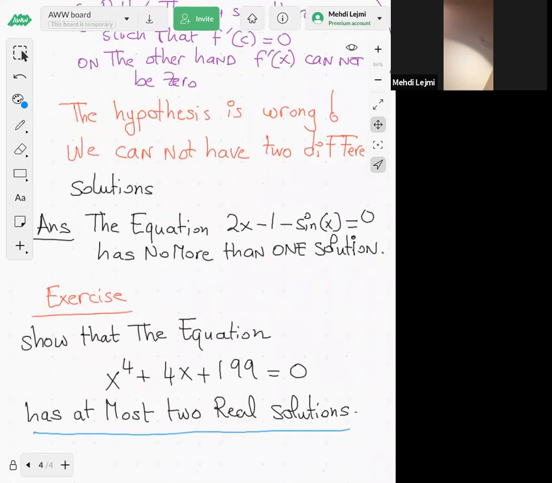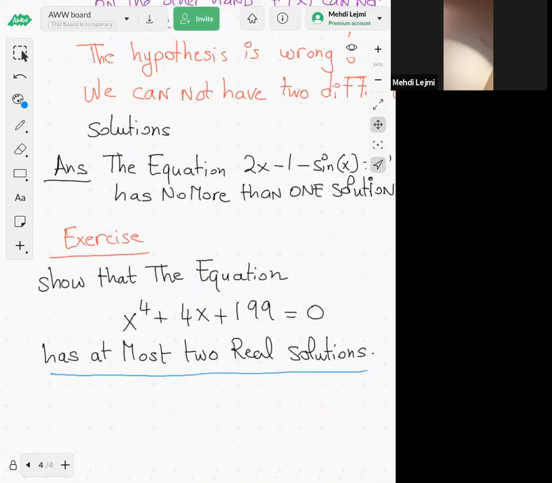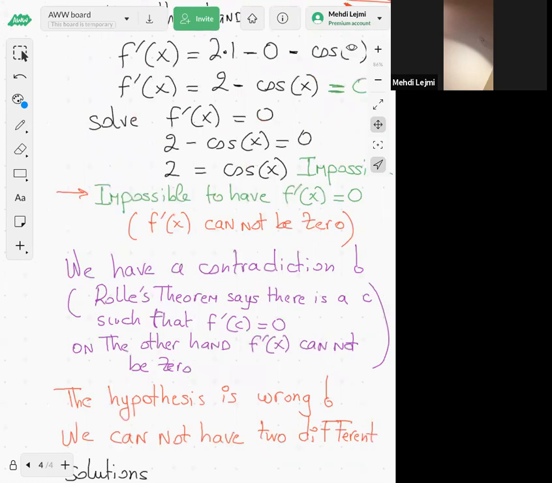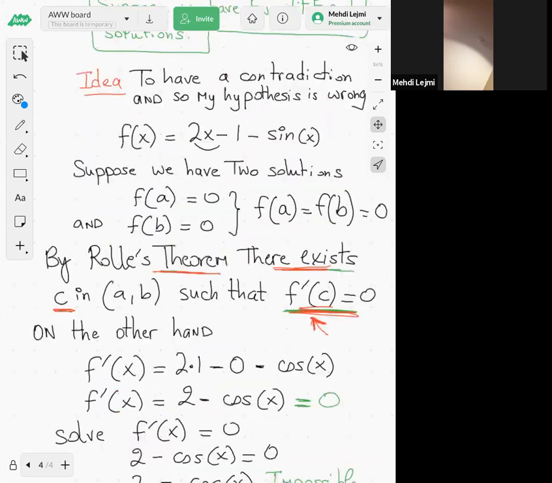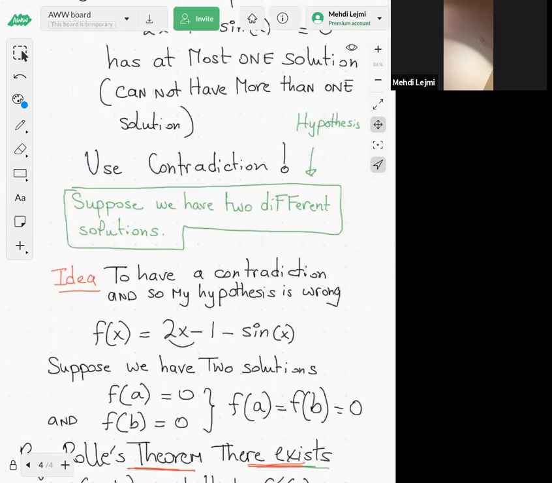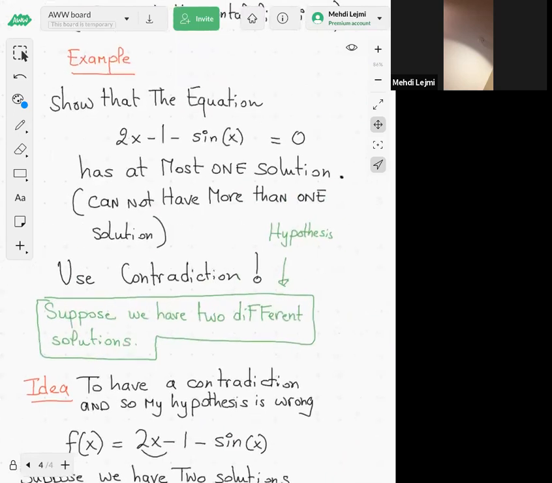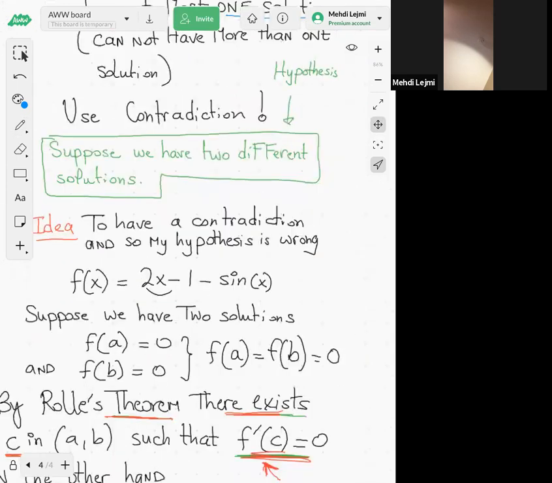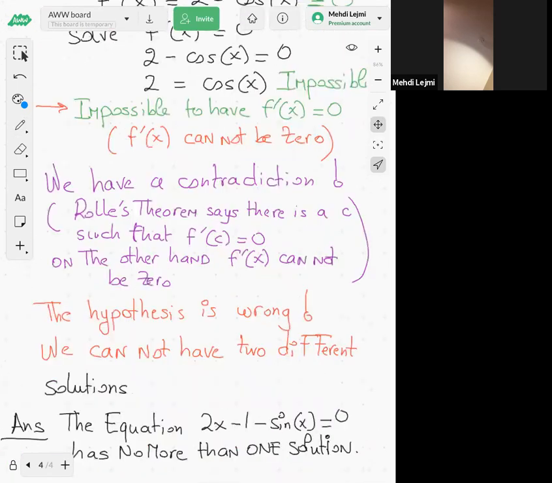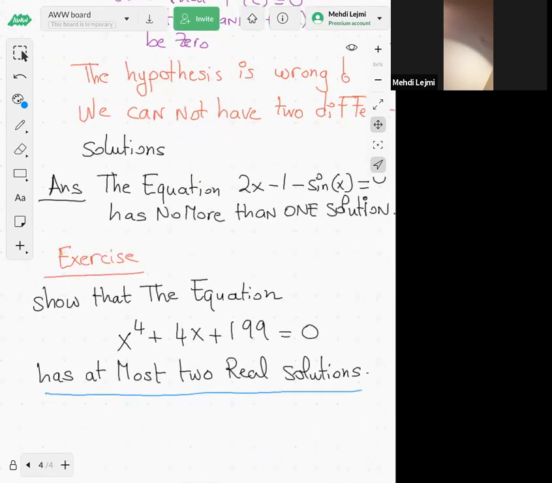You have to suppose first that, in my example, I had to prove that the equation has at most one solution, right? It's at most one solution in my example. Here in this exercise, it's at most two real solutions, right?